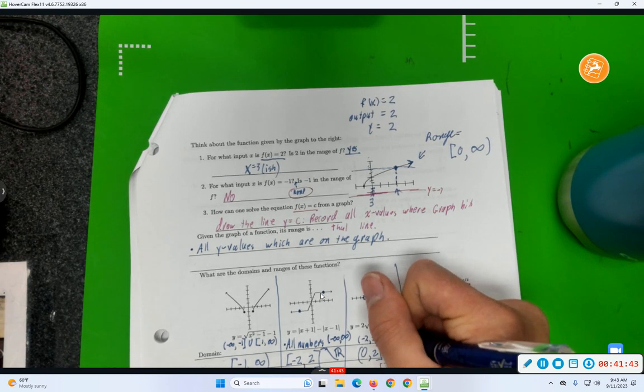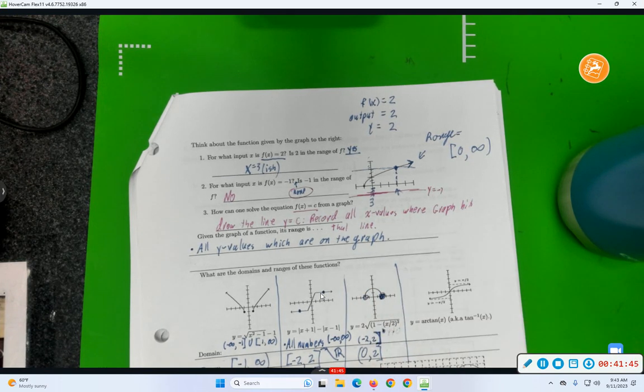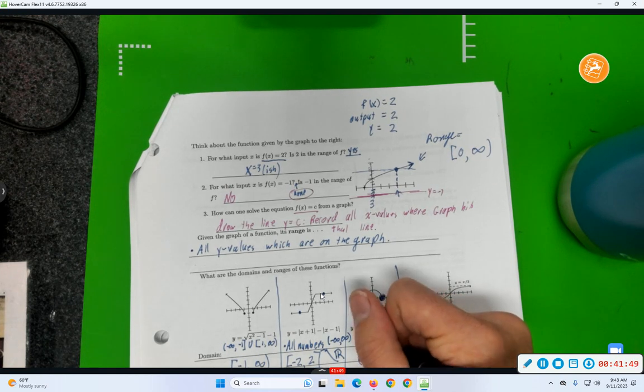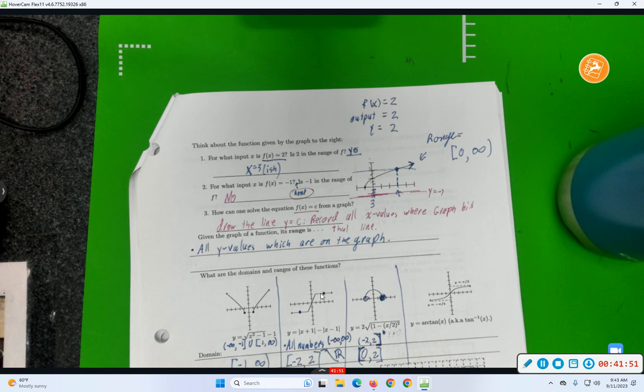Does the range change? Yeah. The 0 would be included. Notice, it looks like 0 is different from the other output values in that it's only accomplished once. But the range doesn't care how many times a single output is achieved, as long as it's at least once.